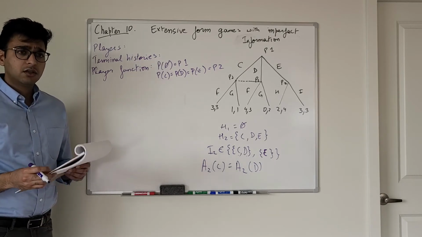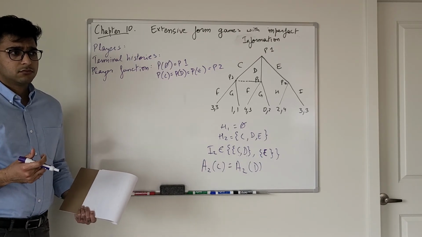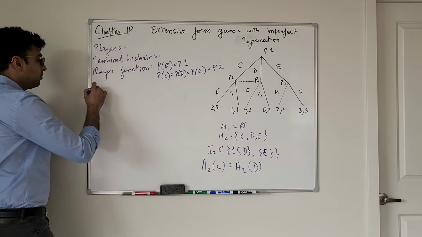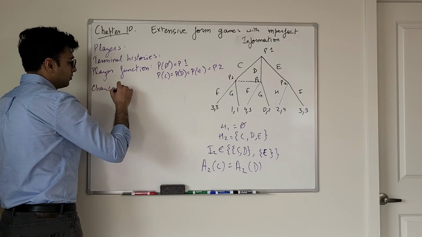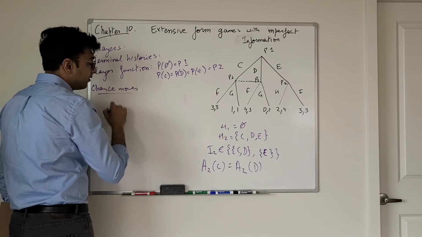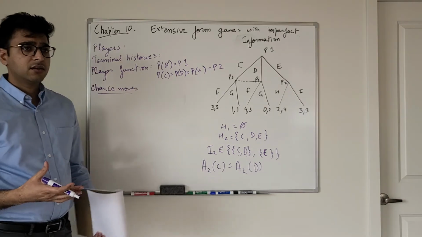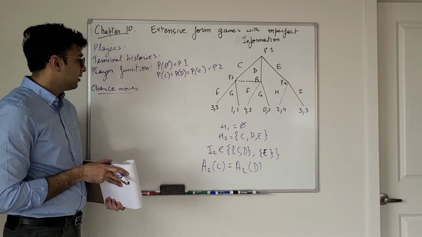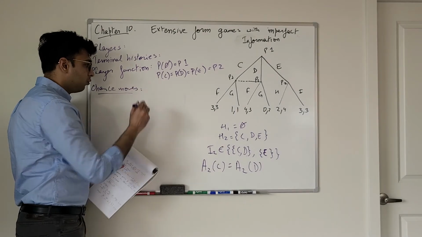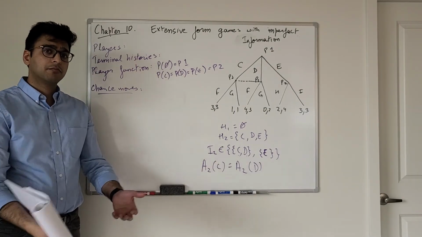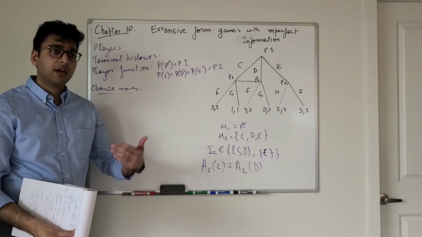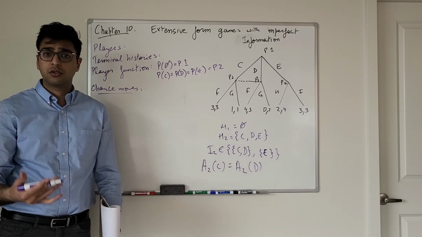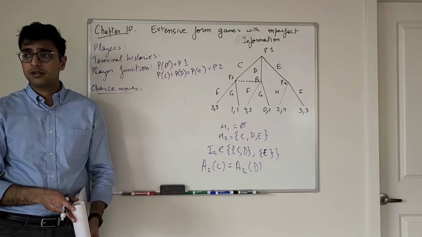Then we need to talk about chance moves. In this game there are no chance moves, but if there was any exogenous uncertainty that's not caused by one of these players, then for every time that chance moves, we would have to define the probability distribution of the actions that chance can take.